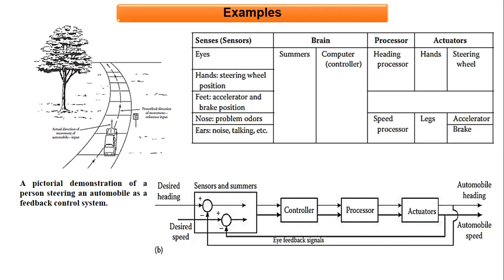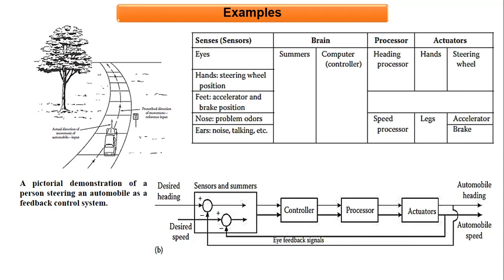So the controller is the brain, right? And the brain itself is an error detector. The processor, heading processor, and actuators are hands and steering wheels, right? We will be using hands while driving a car, and the objective is to keep the car in the right direction and at a controlled speed.